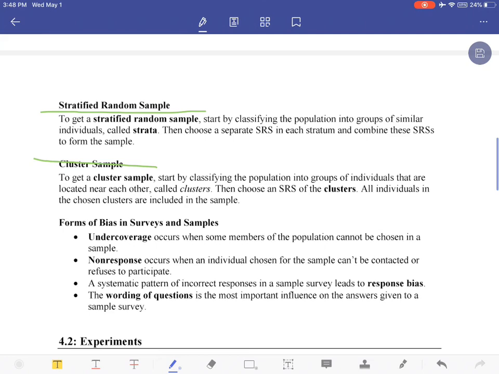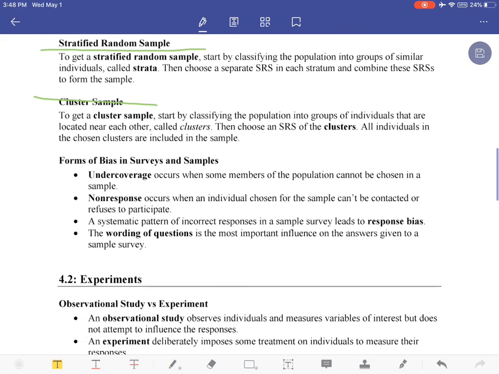So again, we've talked about some of this already, but some ways bias can come about in surveys or samples. Undercoverage is when some members of the population cannot be chosen in a sample. So for example, if I only surveyed my stats classes, freshmen and sophomores would be undercovered, and that would be an undercoverage bias.